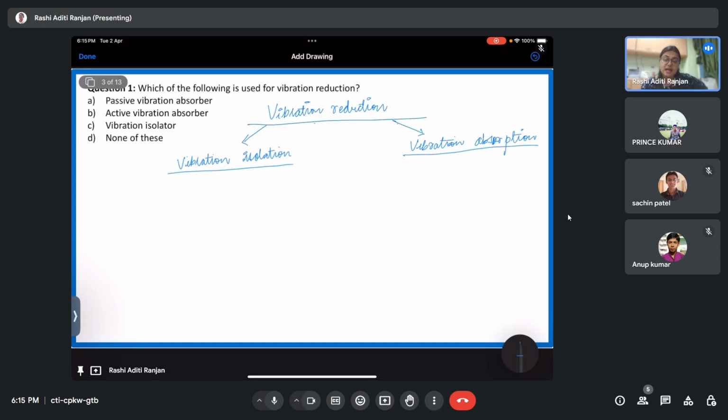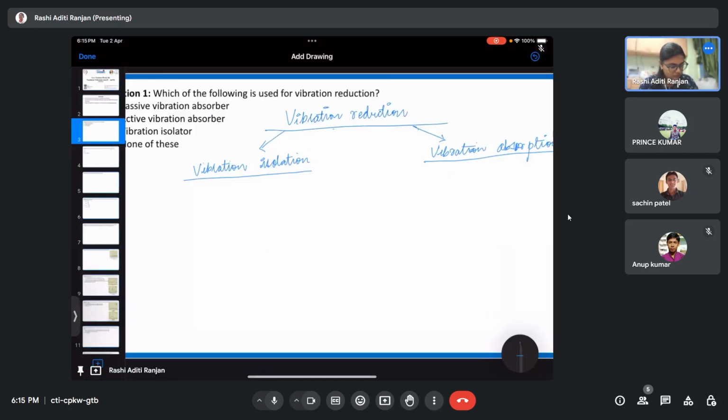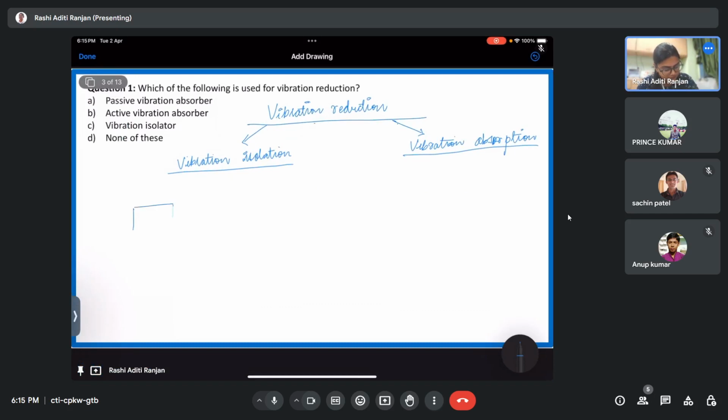For example, if I have a system A, and I have a component B on it, and then a sensor C placed on B, this sensor C is sensing the vibration which is happening in B.